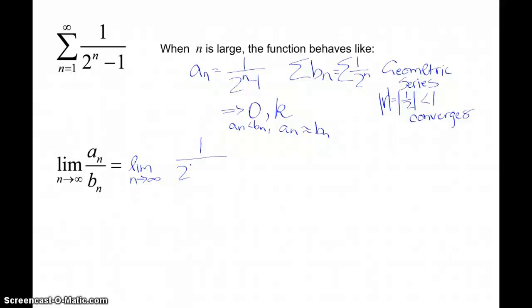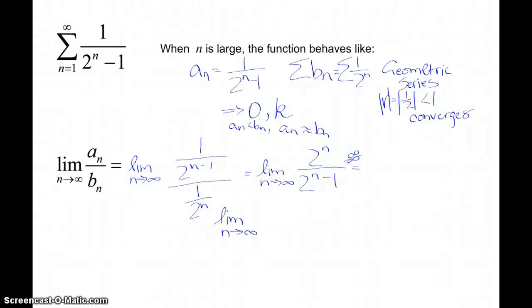So let's plug in our series. We'll clean it up, the limit as n approaches infinity of 2 to the n over 2 to the n minus 1. This is infinity over infinity. And so let's run a step of L'Hopital's.